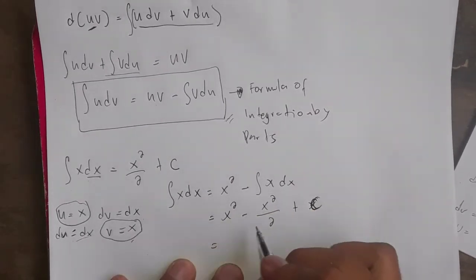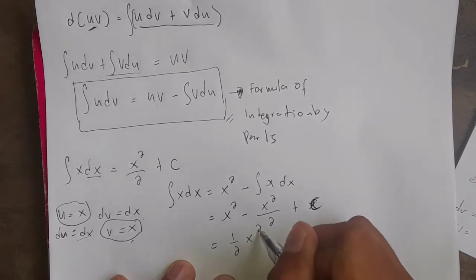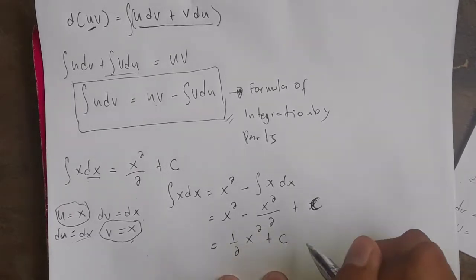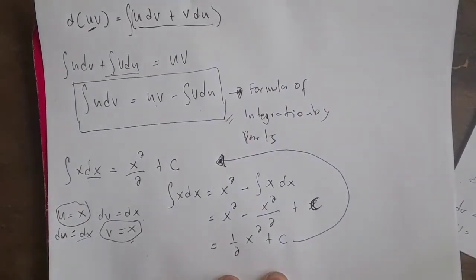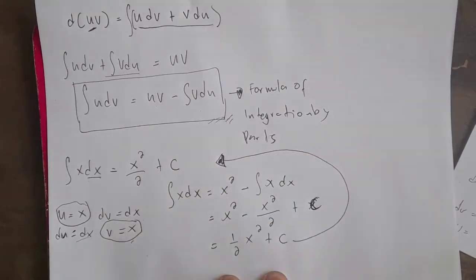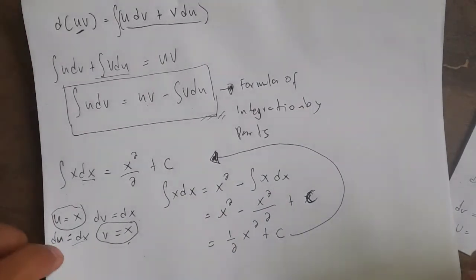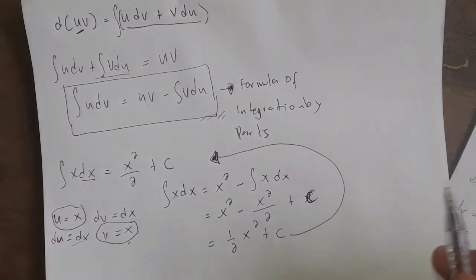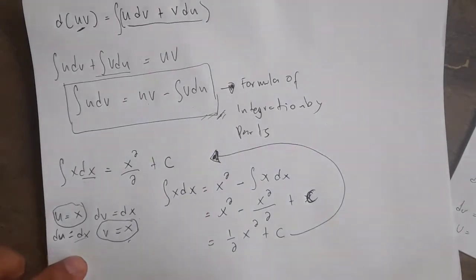So 1 minus 1/2 is simply equal to 1/2 of x squared plus an arbitrary constant, which is equal to the answer using the power formula of integration. So this formula is really applicable in any function. But there are some functions that you can only integrate using this technique.